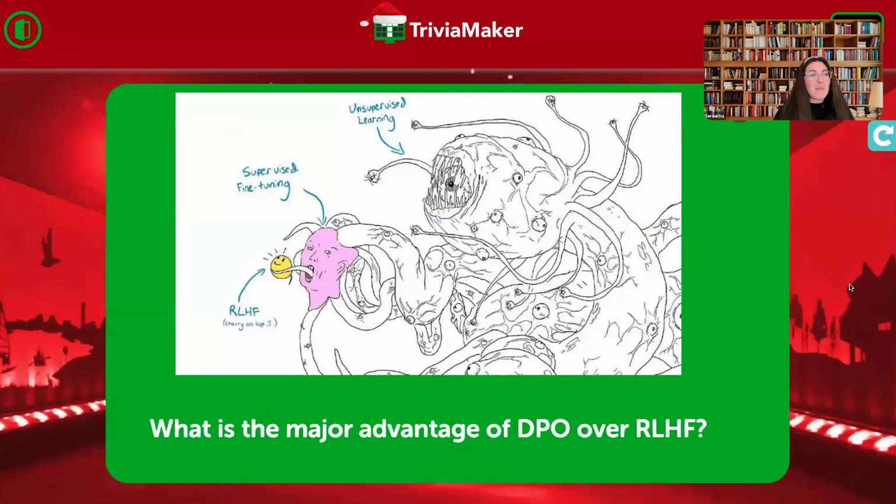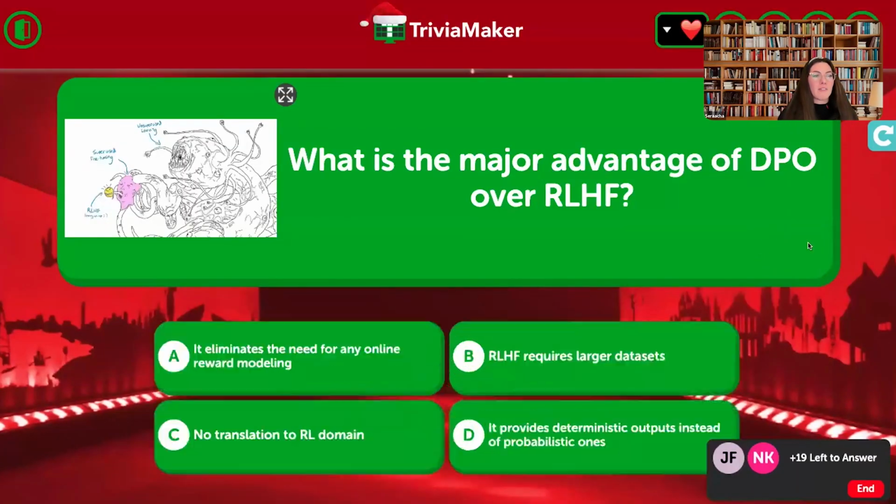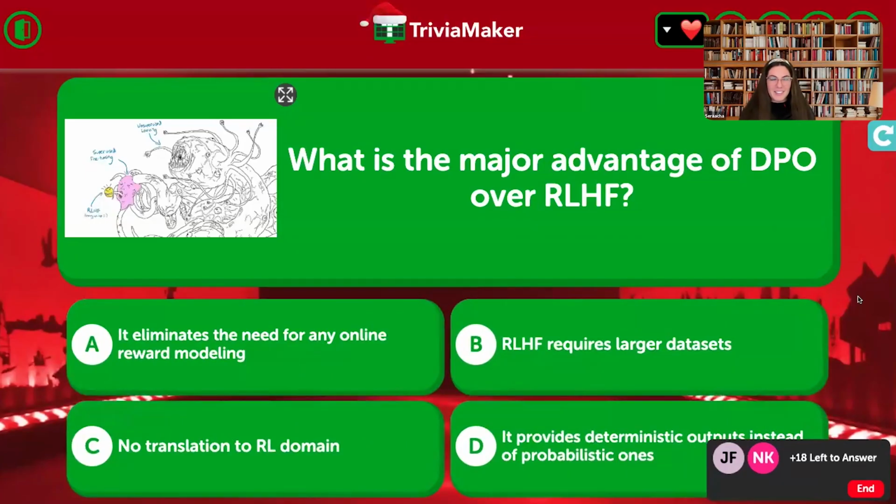What is the major advantage of DPO over RLHF? You guys got 4 possible answers. Is it that it eliminates the need for any online reward modeling? Maybe RLHF requires larger data sets. Maybe it's C, no translation to RL domain.